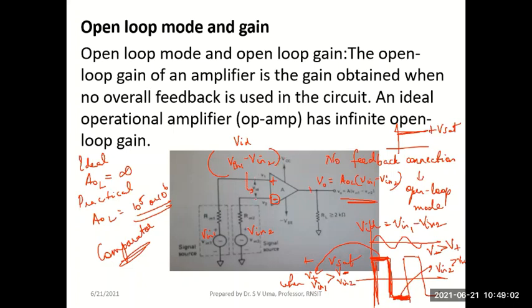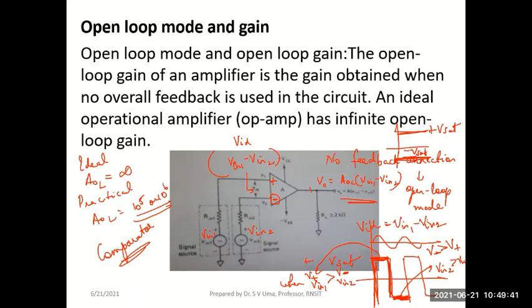Even if the difference between these two signals is slightly greater than 1 or 2 microvolts, you will see the output of the op-amp going to one of the saturation levels. Whenever the negative terminal input voltage is higher than the positive terminal input voltage, the op-amp will be at negative saturation. It will be at minus VSAT. So remember, the op-amp output can either be at plus VSAT or minus VSAT whenever it is working in open loop mode.